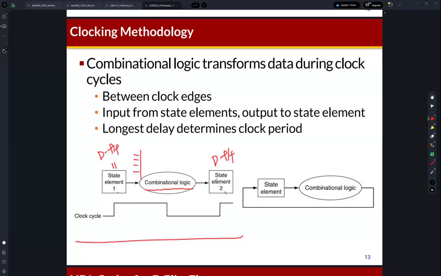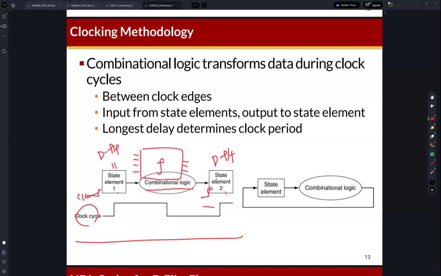There can be multiple inputs, and this combinational logic will generate multiple outputs. The clock signal is connected to the clock port of each D flip-flop. So we can design digital systems like this.